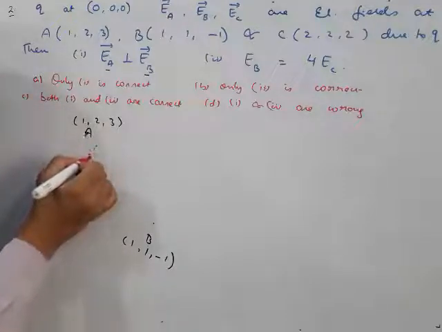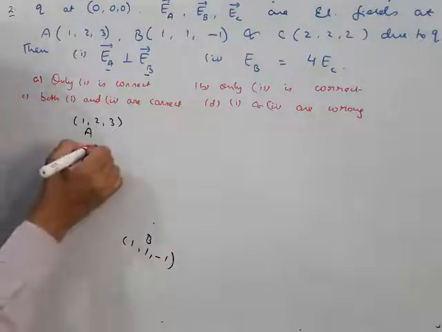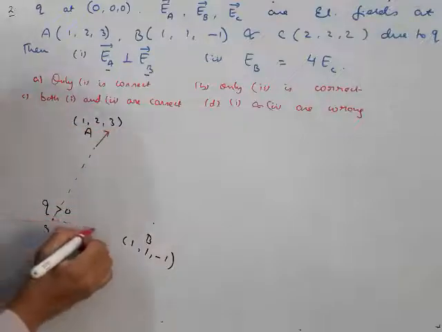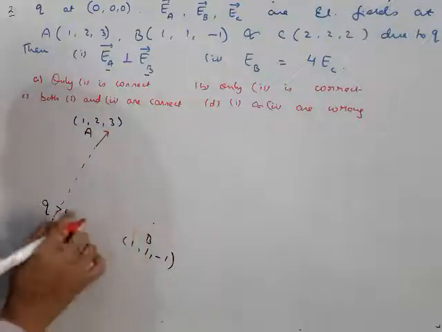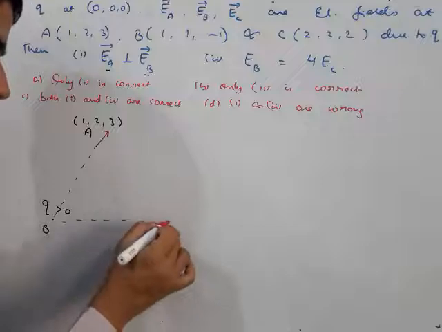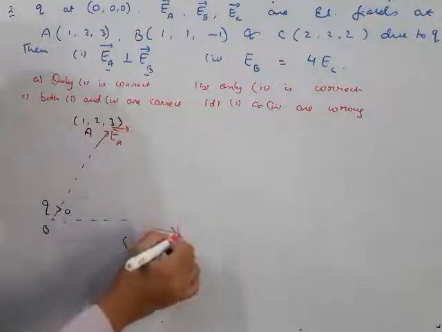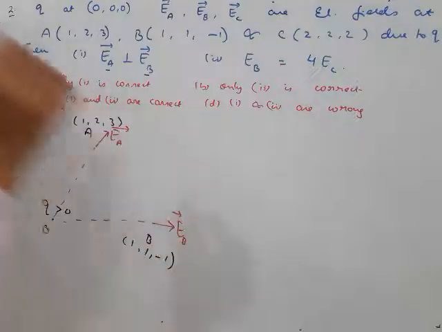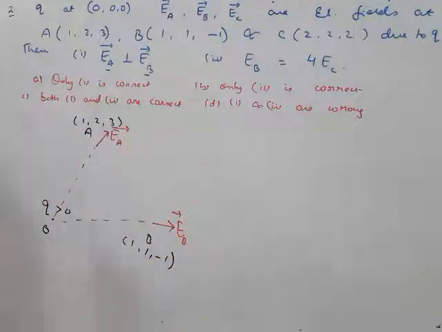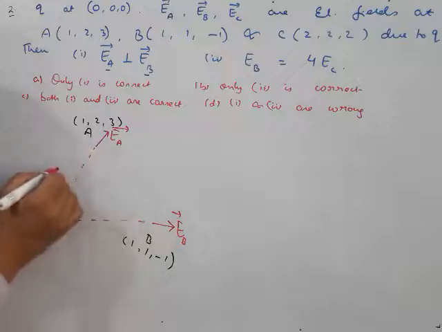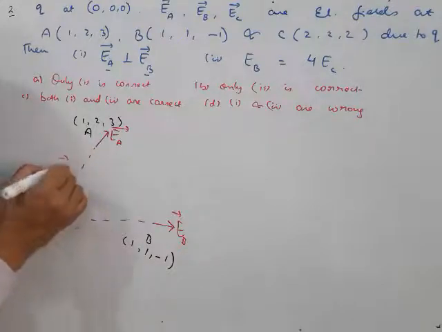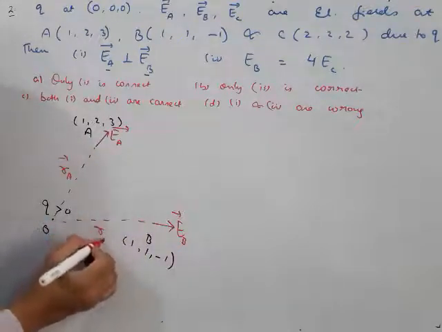At A the electric field will be away from this, and at B the electric field will be like this. So this is our EA vector and this is our EB vector. Now this direction I can say is along RA vector, and this direction is along RB vector.